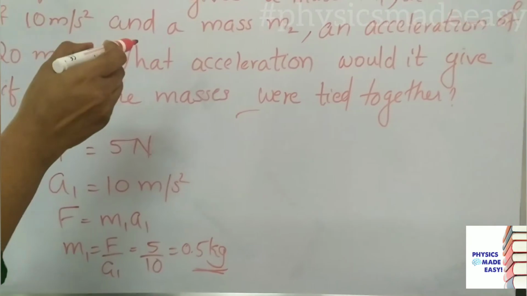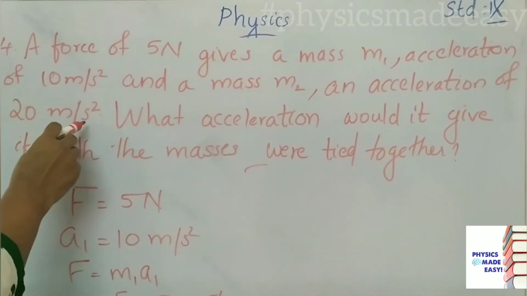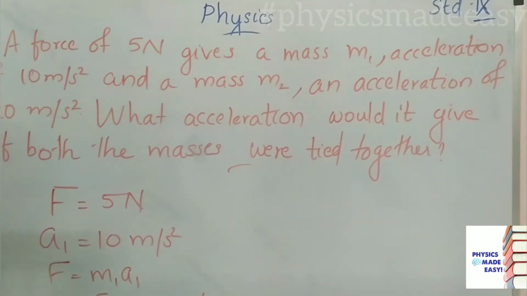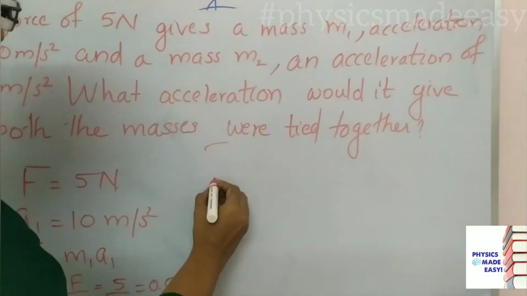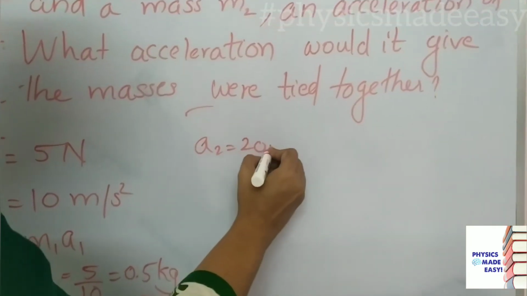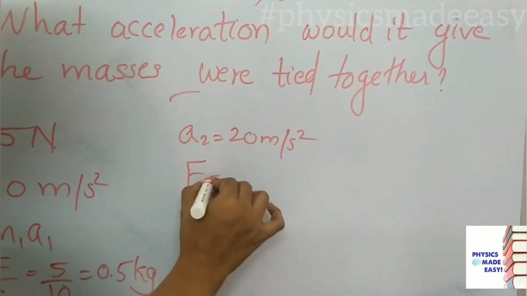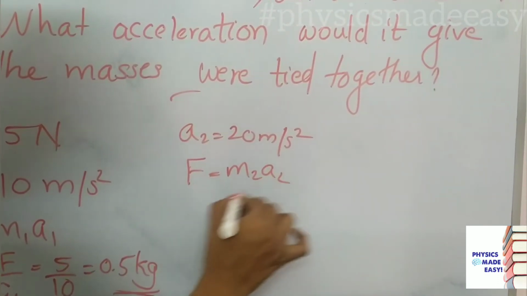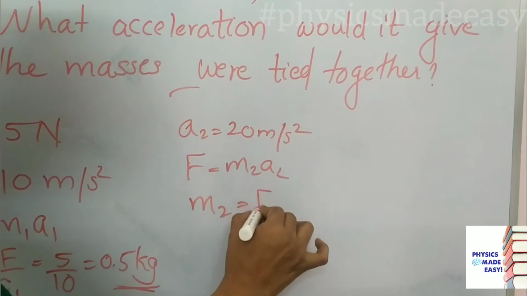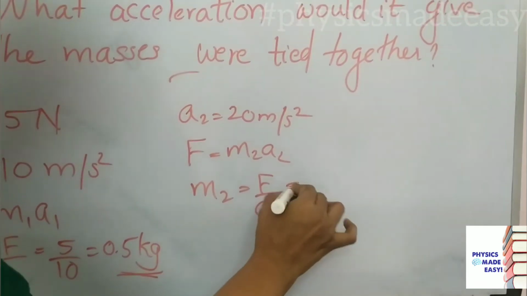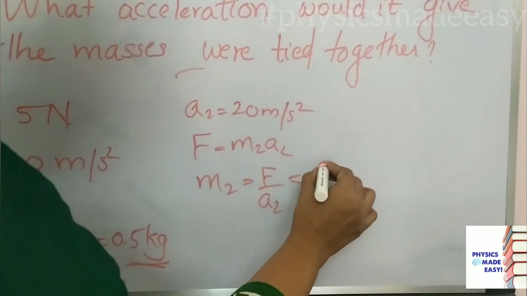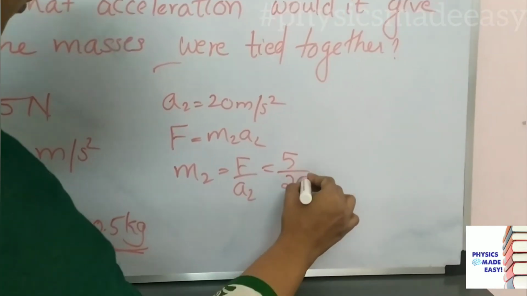Then an acceleration of 20 meter per second square on mass m2. So here acceleration is 20 meter per second square and we can find the mass m2 a2, then m2 is equal to F by a2, that is 5 divided by 20.